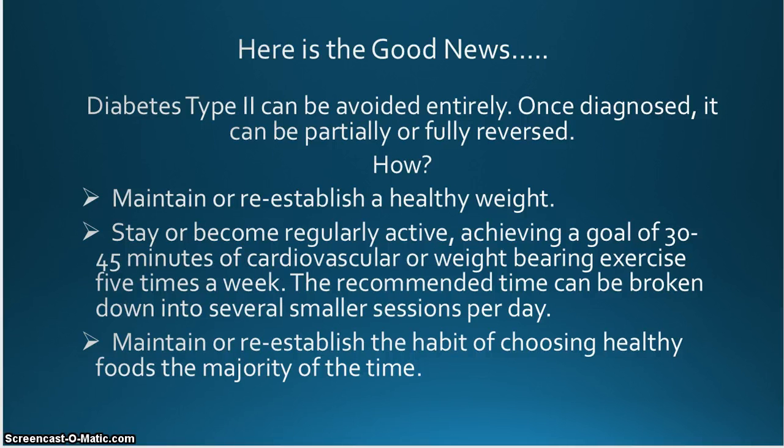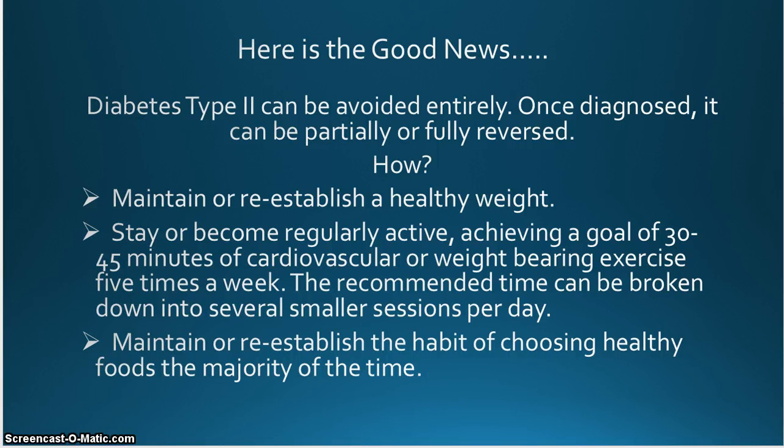We're saying it again, at the risk of being extremely repetitive, it's all about maintaining or reestablishing a healthy weight. It is about staying or becoming regularly active. The goal is 30 to 45 minutes of cardiovascular or weight-bearing exercise 5 times a week.